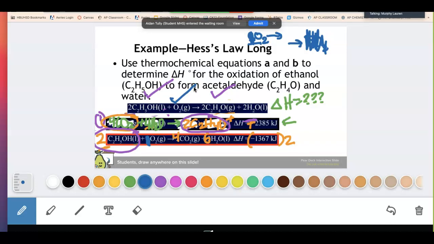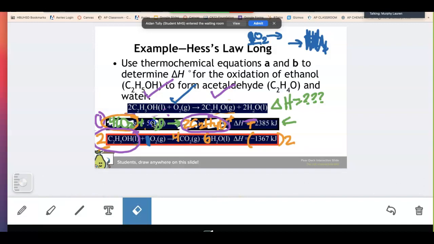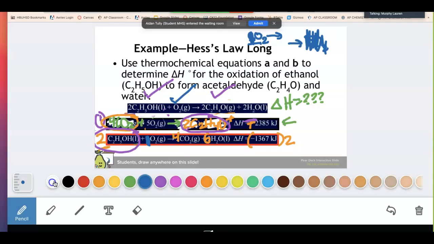Okay, now I'll rewrite this so it's easier to see. I'm just rewriting that. So there are 4 waters on the left side of the reaction arrow. And then down here, there are 6 waters on the right side.